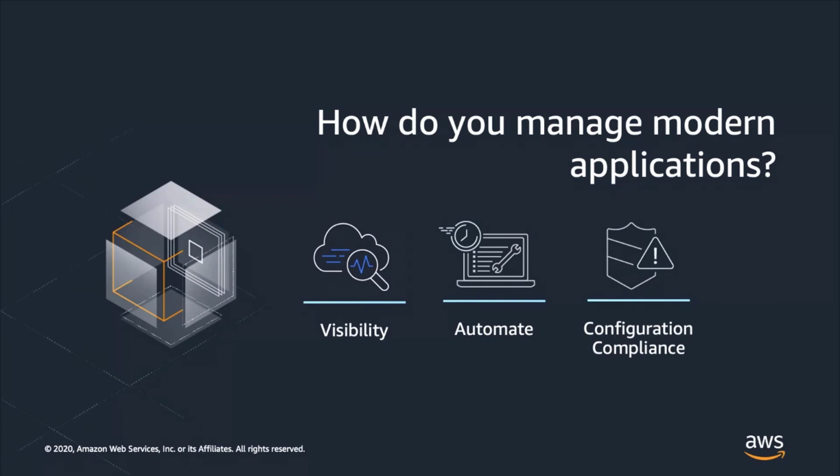And lastly, they need some mechanism to apply configuration compliance to maintain the configuration state of their application resources. Today, we're going to briefly talk over various AWS services that can help in managing our modern applications.